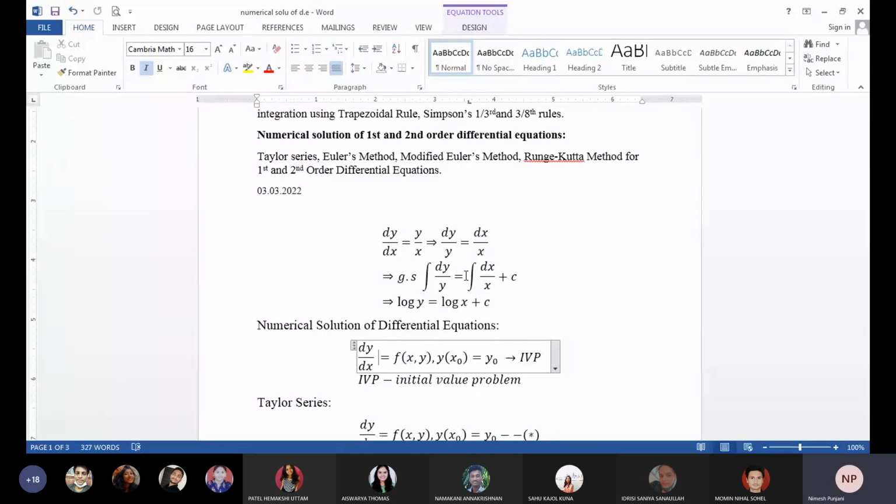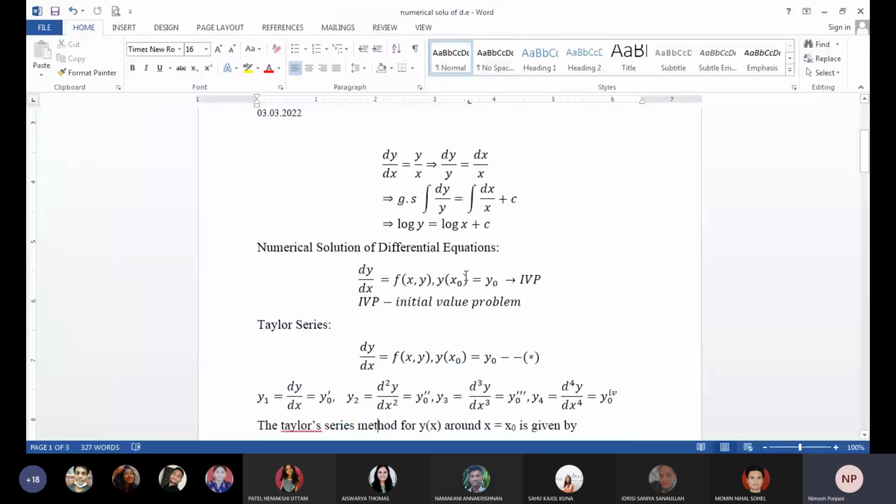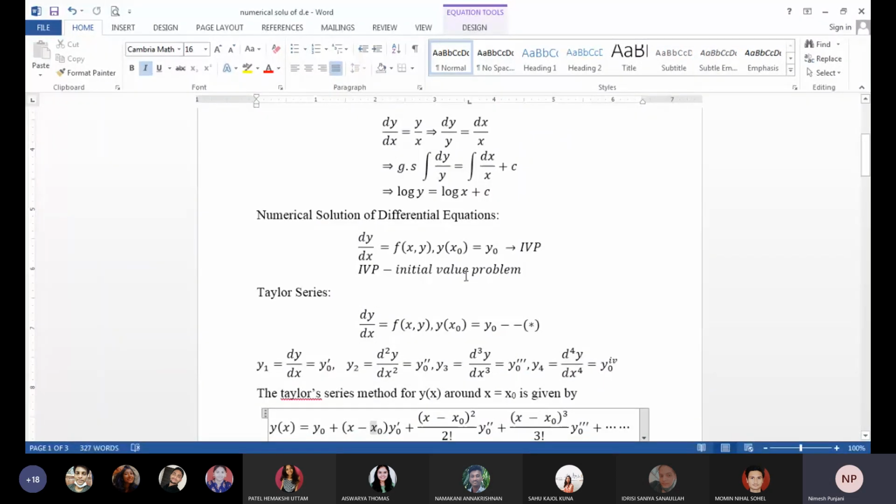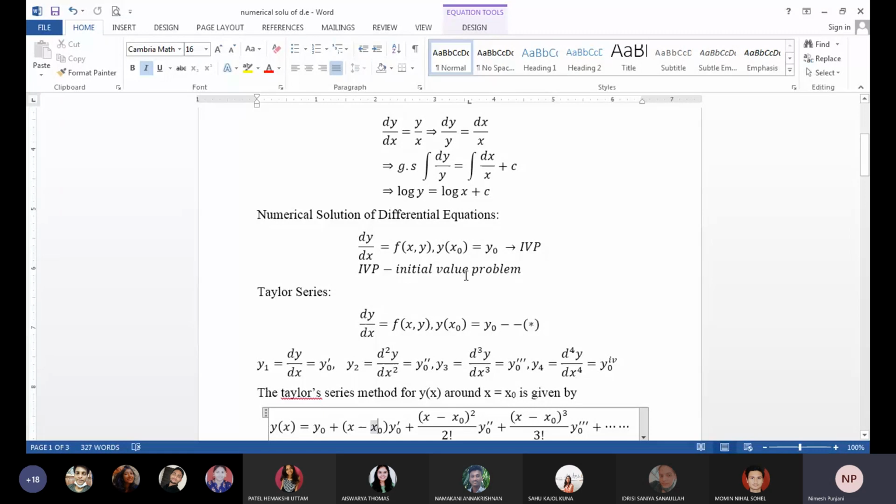So we had discussed the Taylor series method for solving the initial value problem, dy/dx = f(x, y), where y(x0) = y0.